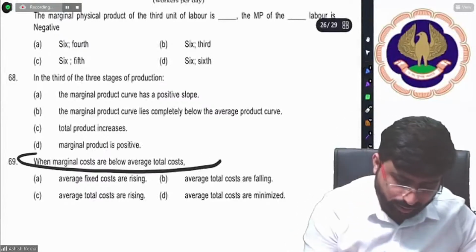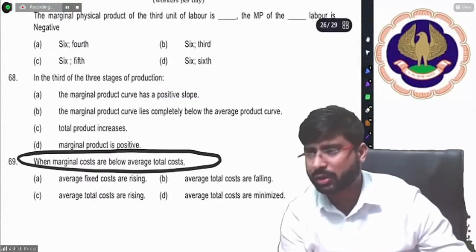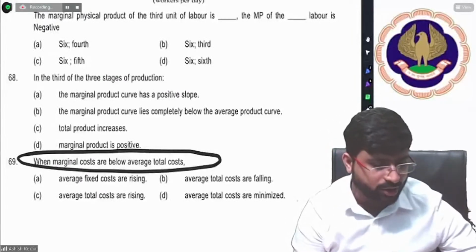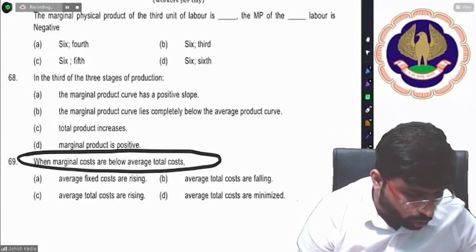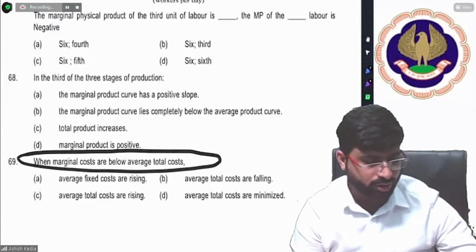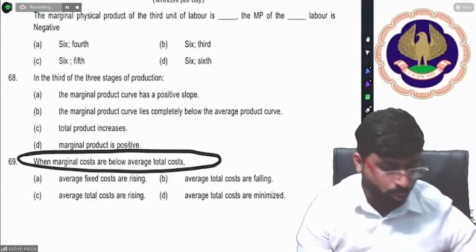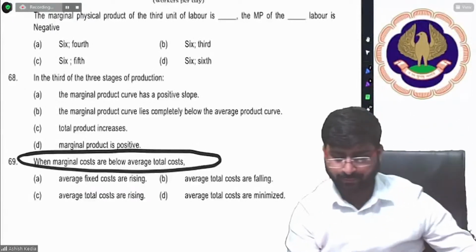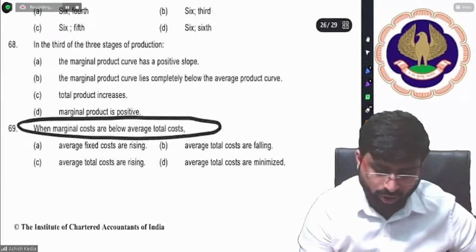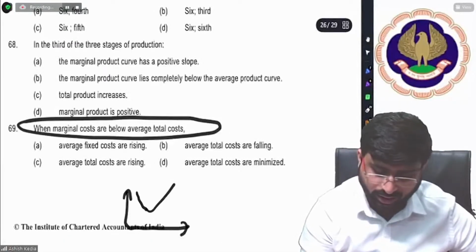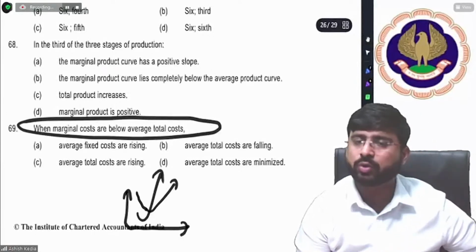Good question. Question 69. Come on, everyone. When marginal cost is below average total cost, what do you observe? Come on, friends. I'll tell you this. This is the case, and there is your marginal cost.